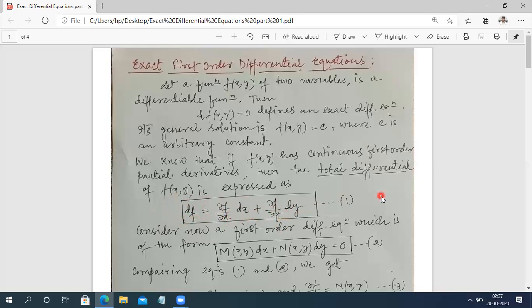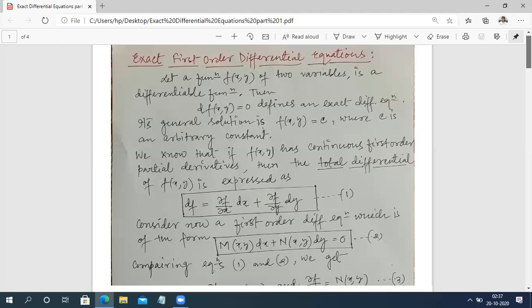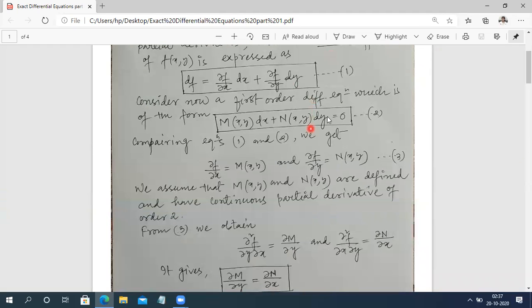Now consider a first order differential equation of the form M(x, y) dx + N(x, y) dy = 0, where M and N are both functions of two variables x and y.